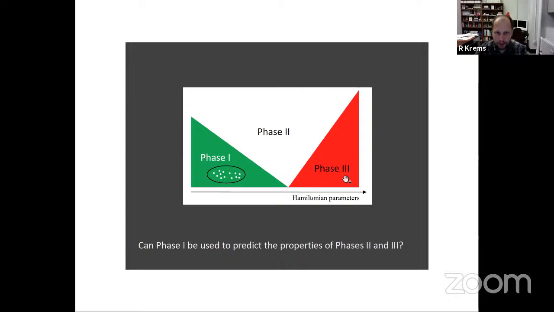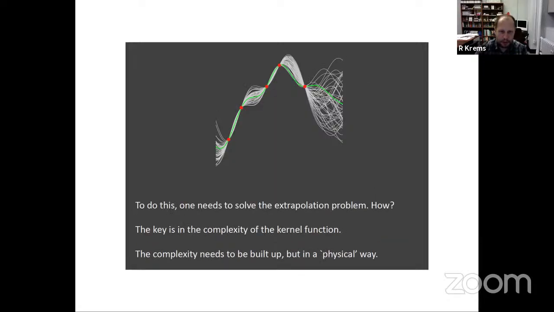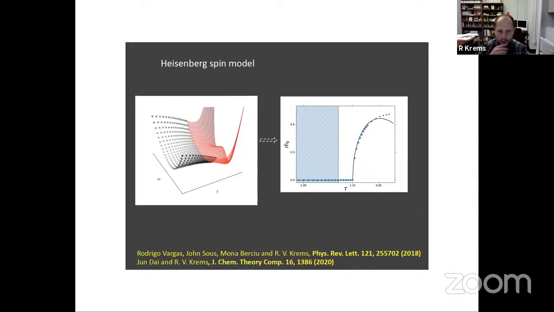Okay, so I'm going to illustrate that it is possible by two examples. The first one is going to be the Heisenberg spin model. For the Heisenberg spin model, you can calculate the free energy in the mean field approximation analytically. And this is what it looks like as a function of magnetization and temperature.